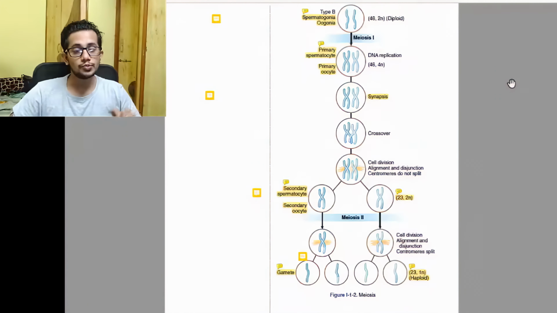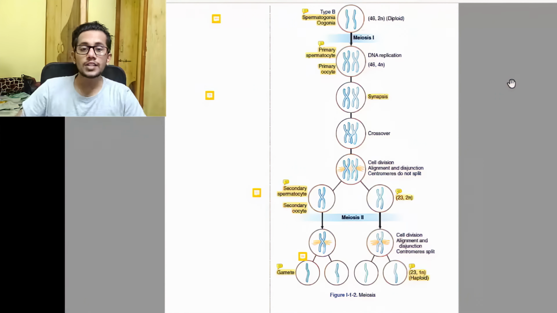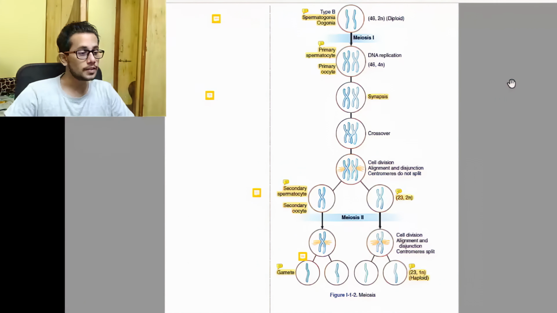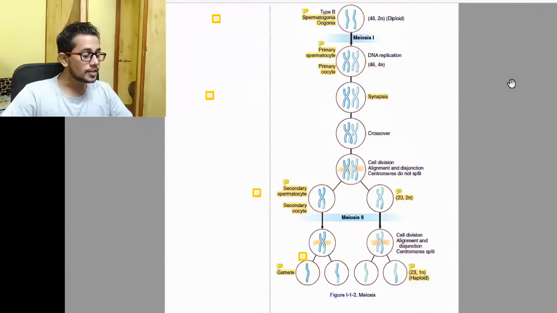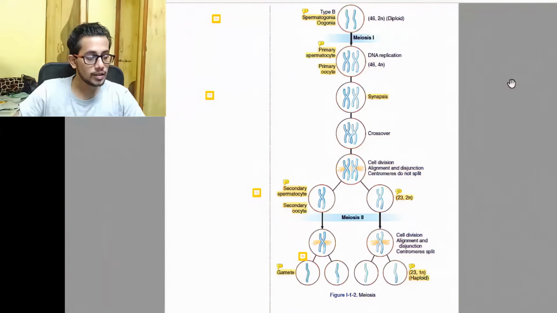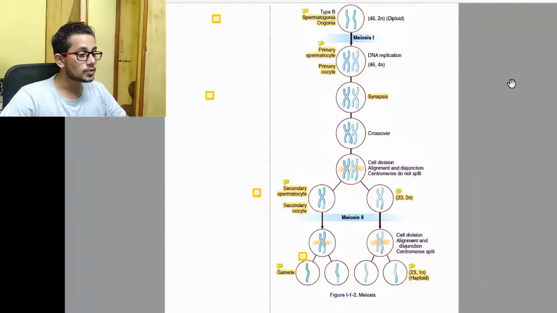When does the process of meiosis 1 occur and when does meiosis 2 occur in both males and females? Now, the process of meiosis 1 in males only starts when a male hits puberty. Before that, spermatogonia are divided through mitosis, and once they reach puberty, the spermatogonia will divide through meiosis 1, as primary spermatocytes.